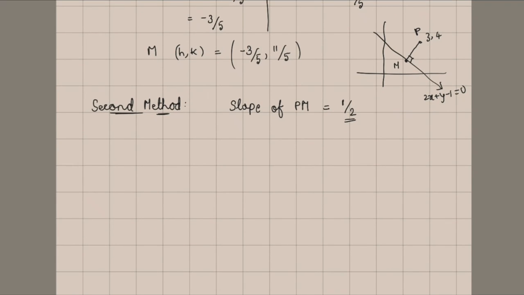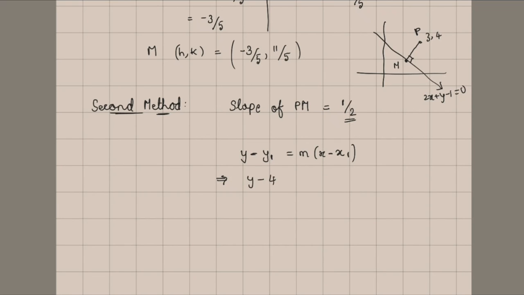We know point P, so y minus y1 equals m into (x minus x1). What is y1 here? y1 is 4.